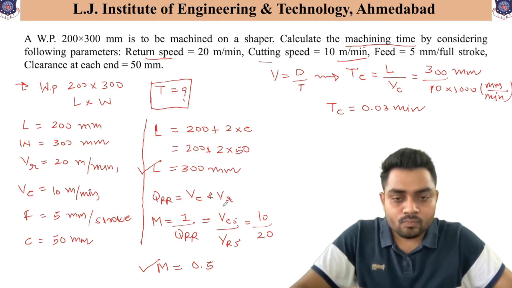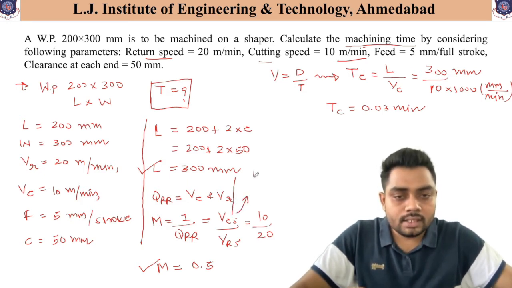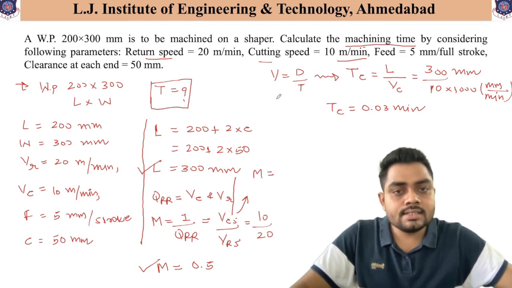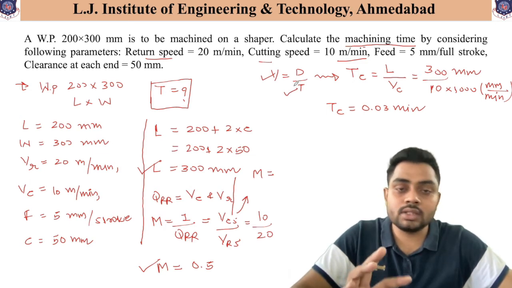So easily, m can also be written as, we know that velocity is the reciprocal of the time, because distance traveled is the same in both the cases.